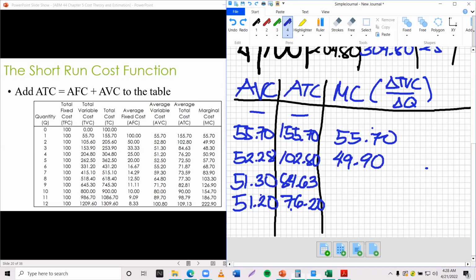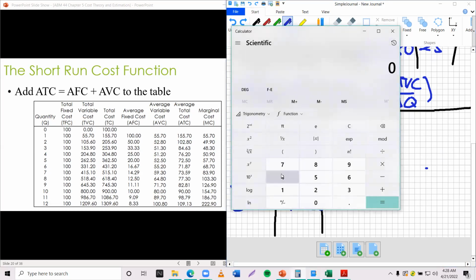The answer is 48.30, which is correct with our given. The last one would be 204.